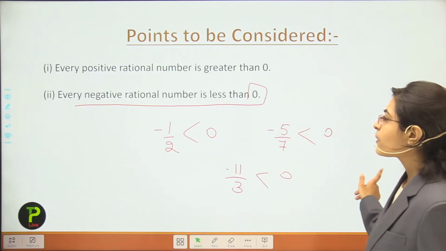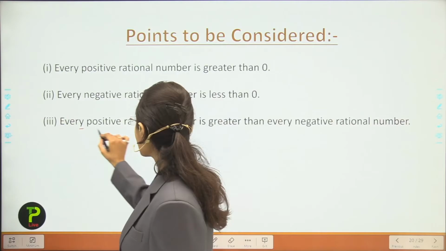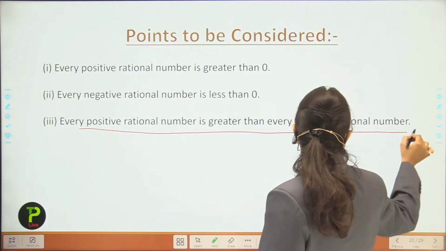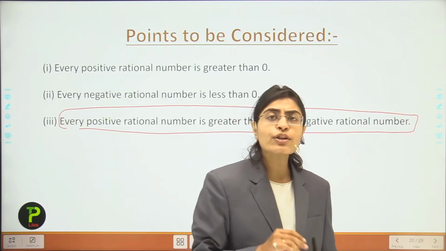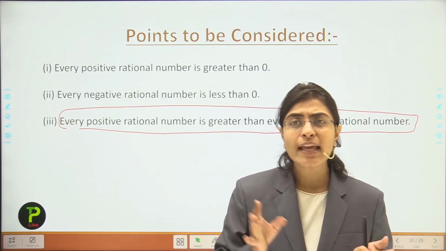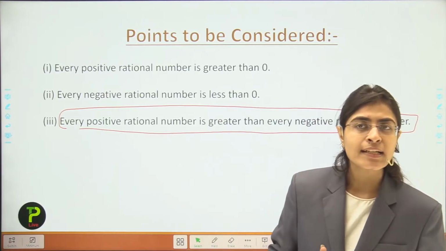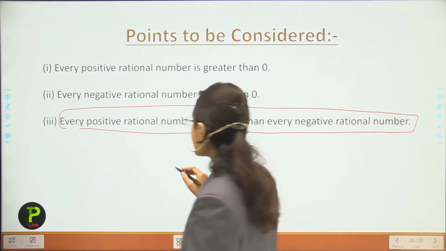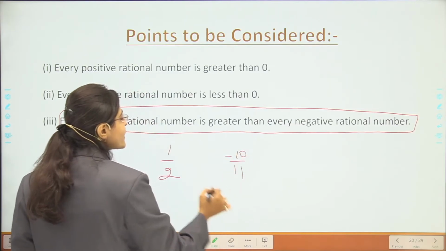Third point: every positive rational number is greater than every negative rational number. Whenever we compare a positive rational number with a negative rational number, the positive one is always greater. Like 1 by 2 and minus 10 by 11, which is greater? 1 by 2.